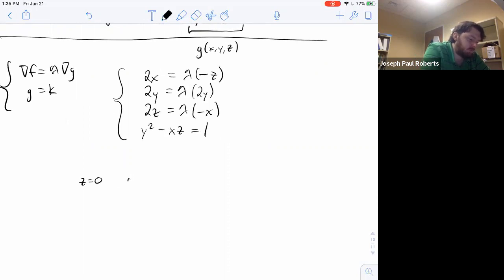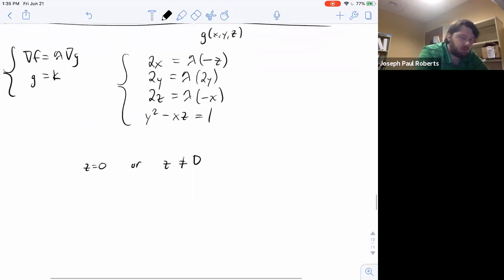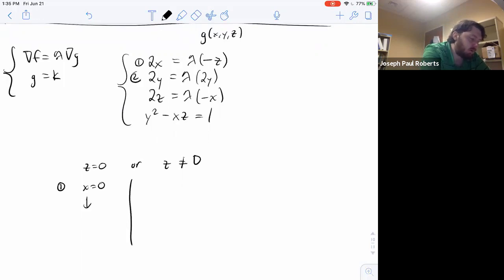Let's look at the case if z is 0 or non-zero. If z is 0, equation 1 tells you that x has to be 0, and then equation 4 tells you that y has to be plus or minus 1.